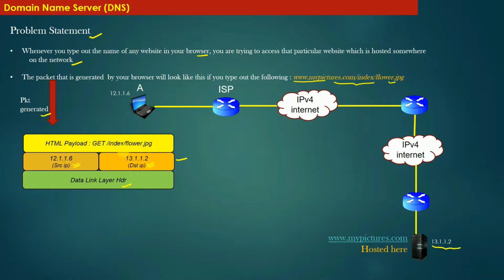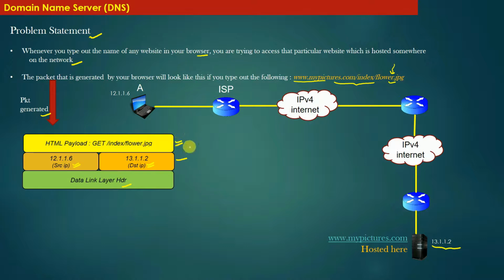And on top of that, you will have the transport layer protocol, which could be TCP. And on top of the TCP protocol, you will have the application layer protocol, which is HTTP. Now, since you are trying to access flower.jpg, that is, you are trying to access the resource from the website www.mypictures.com, your payload will consist of a GET request followed by the path of the resource which you want to access.